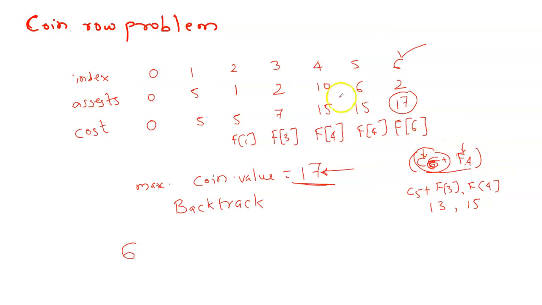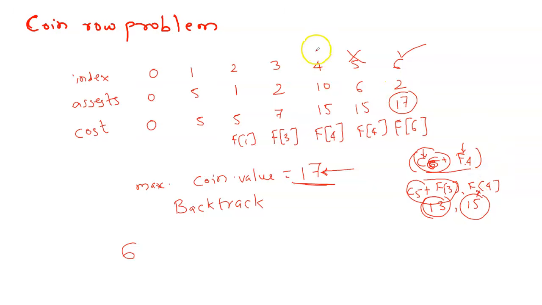That means this maximum value 15, we directly got it from F4. We haven't got it from C5 plus F3. That means the cost of the fifth coin is not mandatory here. You should not pick it. If you pick, you will get 13, which is not the maximum value. That means this fifth coin you should reject. You should not pick it, because if you pick, you will not get the maximum value. You will get it from F4.